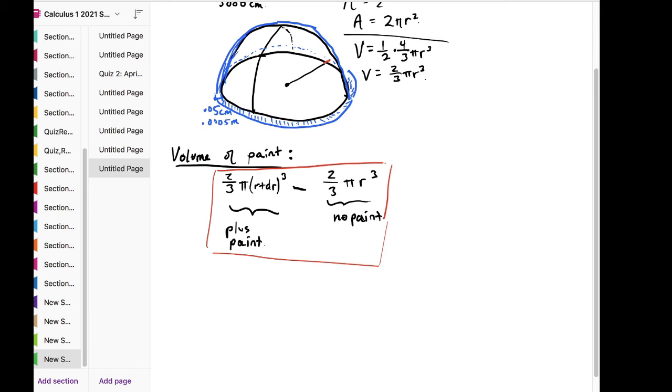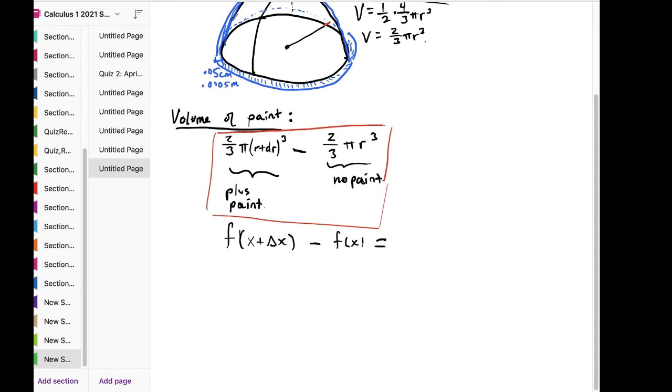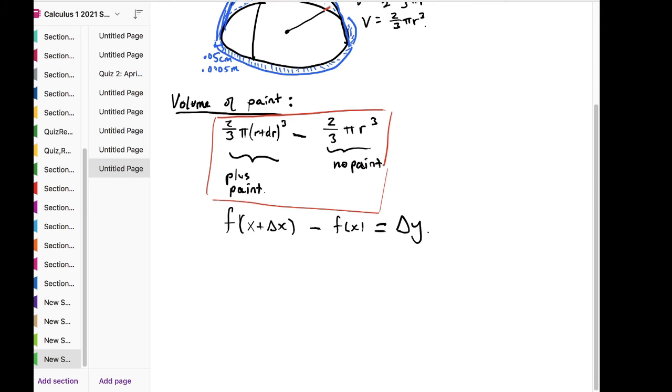Okay, so if we read this in terms of differential notation, this is like f of x plus delta x, and this is like f of x. Do you remember what this is equal to? What is f of x plus delta x minus f of x? Do you remember the formula? Yeah, delta y. What is delta y close to?